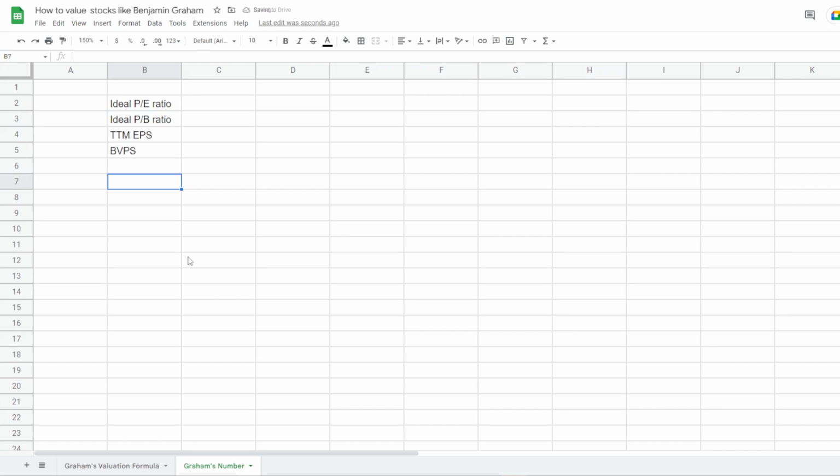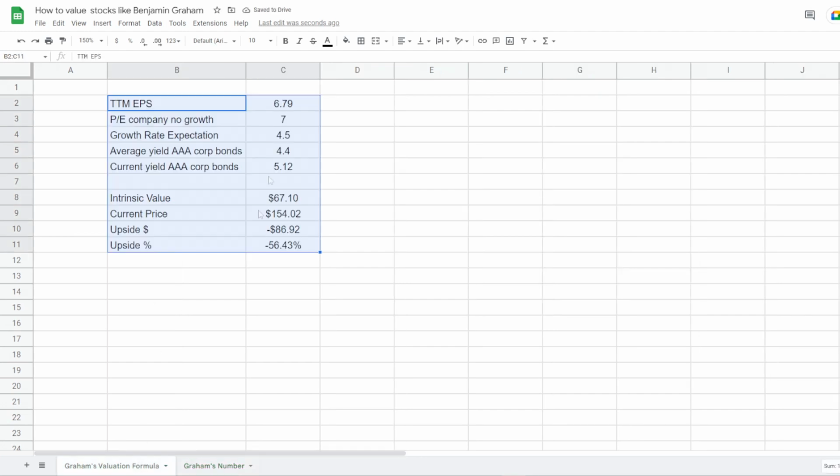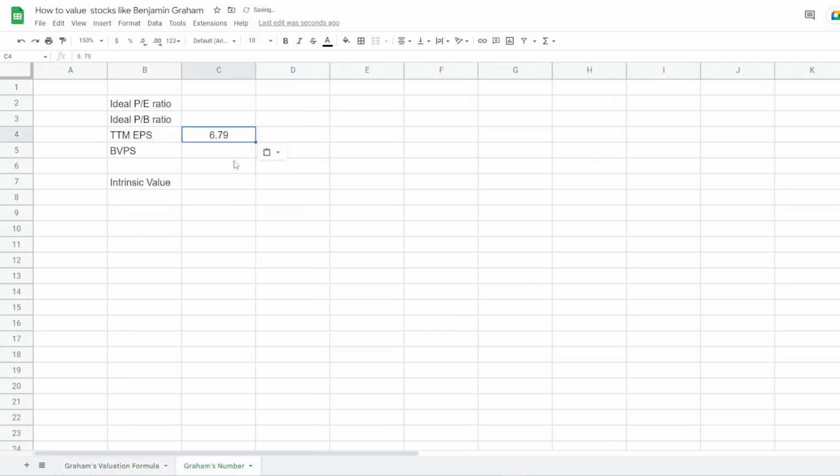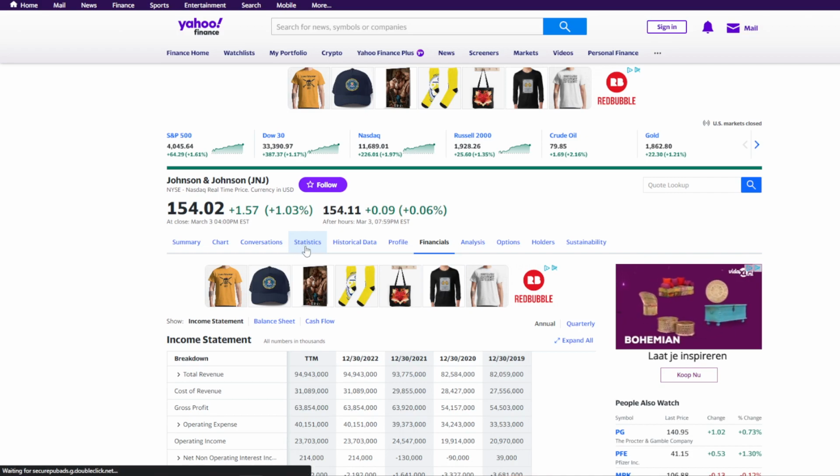And with these metrics we can already determine the intrinsic value of the stock again with another valuation formula. Intrinsic value. So let's check. The trailing 12-month earnings per share of Johnson & Johnson was, as we can see here, 6.94. And we want to get the book value per share. For that, you want to go to statistics.